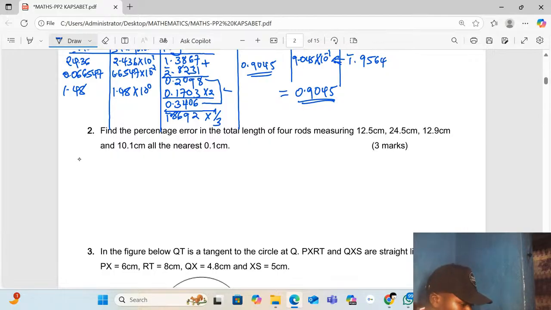Everything is to the nearest 0.1, therefore the error is going to be a half of 0.1. Therefore the error is plus or minus 0.05 centimeters.